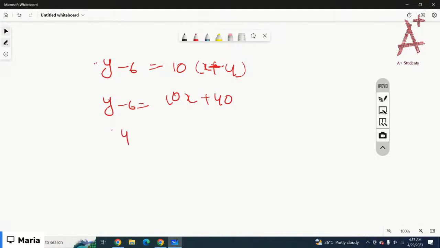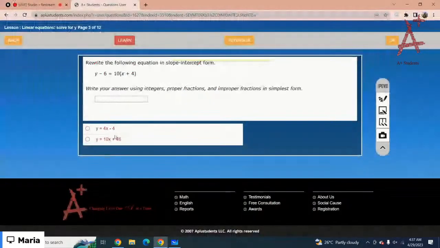Move 6 to the other side, so it would be y equals 10x plus 40 plus 6. So it would be 10x plus 46. So y equals 10x plus 46 is the correct option.